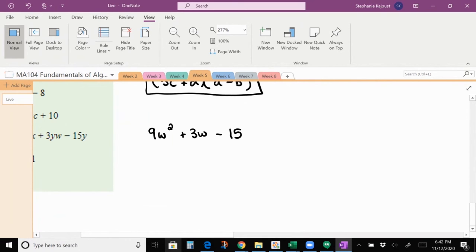If I can't look at this and immediately think I know what combination of numbers I need, or if it doesn't look like it's going to be an easy kind of thing, then I will immediately do the AC method. In this case, that's what I would do, because for 9, I have 3 times 3 or 1 times 9, and for 15, I have 3 times 5 or 1 times 15.